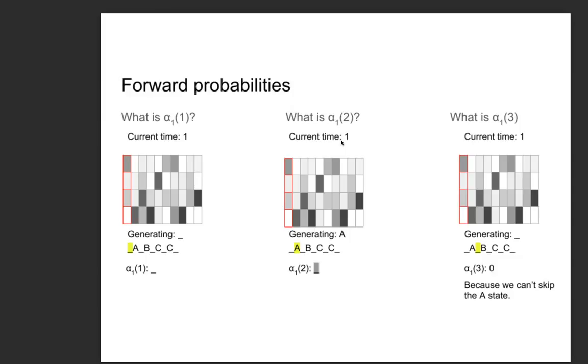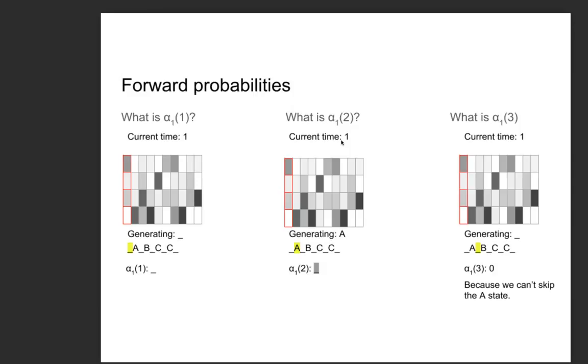In this example, given the rules we have about transitioning through states, we cannot skip through the states, unless we can only skip through the blank state and only if the two symbols on either side are different. Then we have these values: alpha sub 1 of 1 is just the probability of generating the blank at time step number 1. And alpha sub 1 of 2 means that if we're at state 2 at time 1, then we started on A, so we have to have generated the A at that point in time.